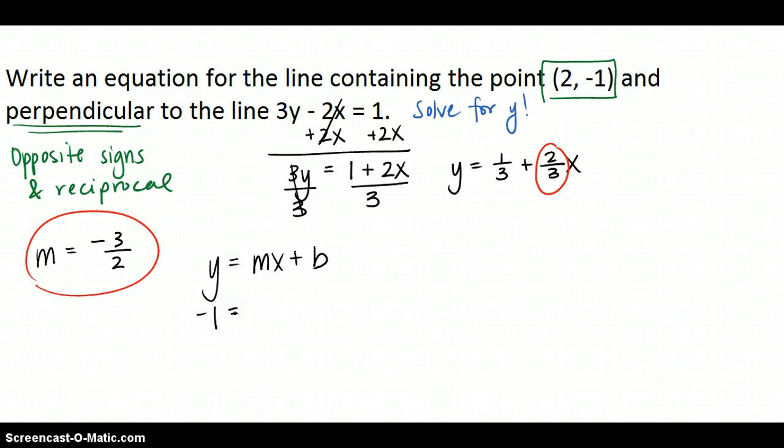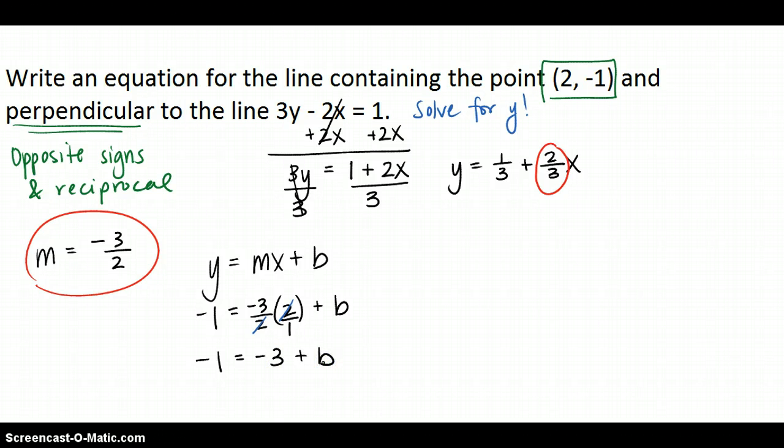I'm going to set that equal to my slope, which is -3/2, times my x value, which is 2, plus b. When we multiply with fractions, I can make the 2 a fraction by putting it over a 1, and then when I simplify, I'm going to get -6/2, or we can cross cancel, and you'll see that it ends up just being a -3 plus b.